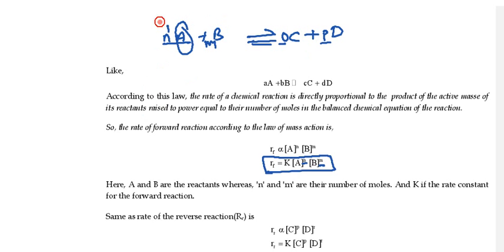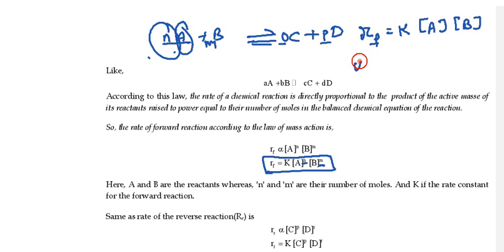If you are not adding the number of moles, it is 1 mole, so the rate of forward reaction is proportional to the rate constant and the active mass of A and B. But if the number of moles is increased, we need to mention that in the formula: A will get power n and B will get power m. You'll get this part?